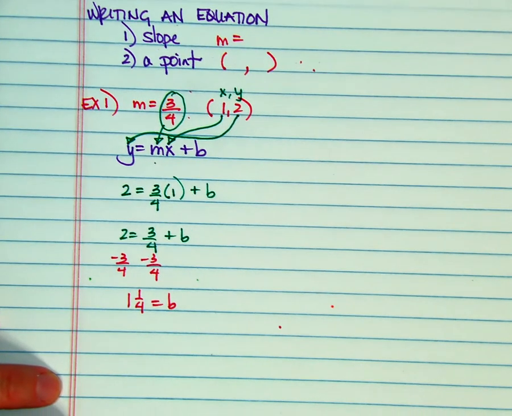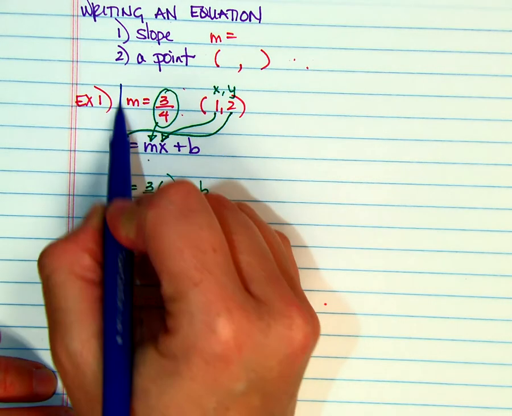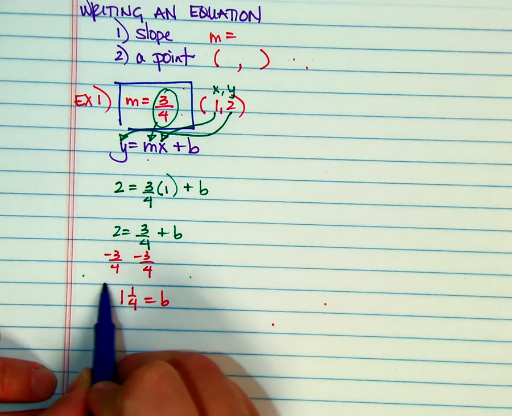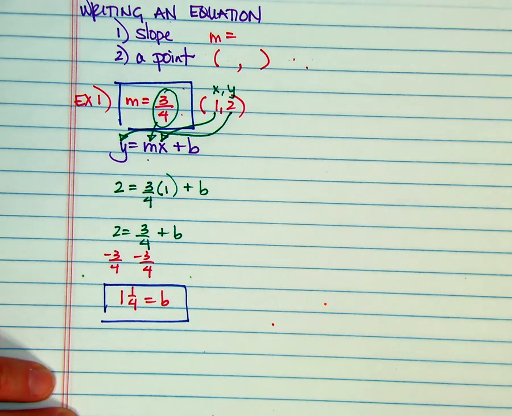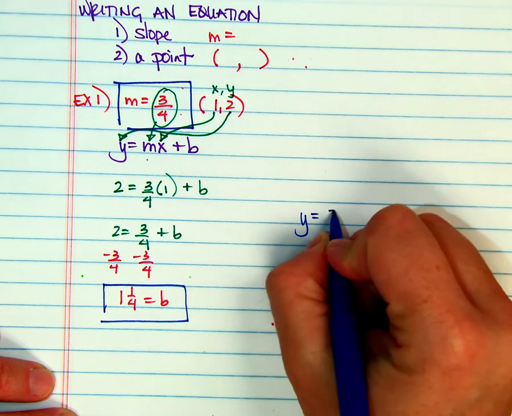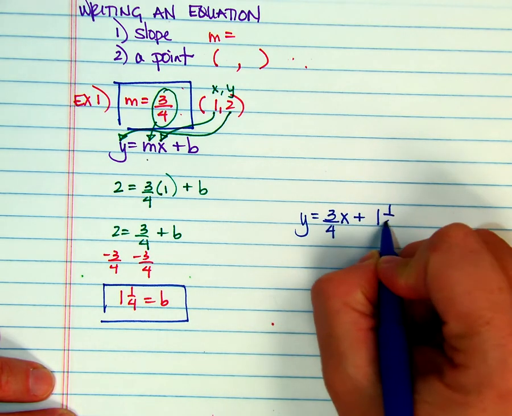So then I'm going to go back and use the slope that I started off with and the b that I just found to put it together in an equation. So y = 3/4 x + 1 1/4.